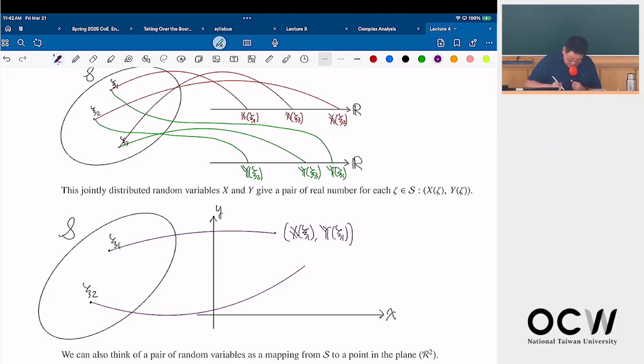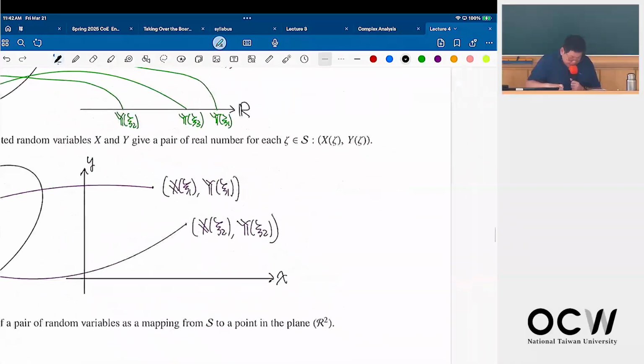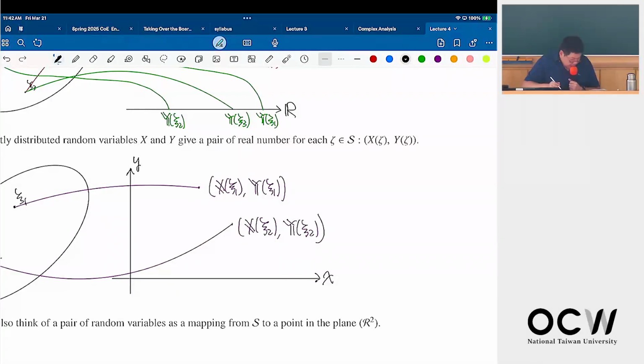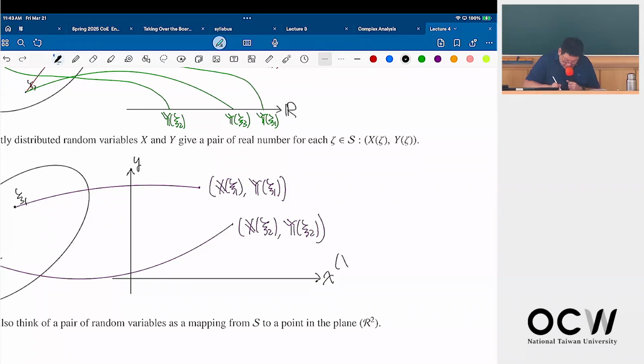Maybe here, that's x of zeta 2, y of zeta 2. I can write here, x and y will map from the sample space to a plane, R squared.